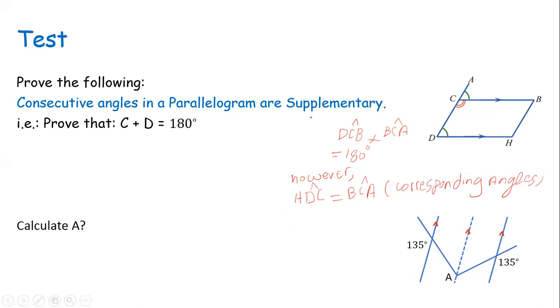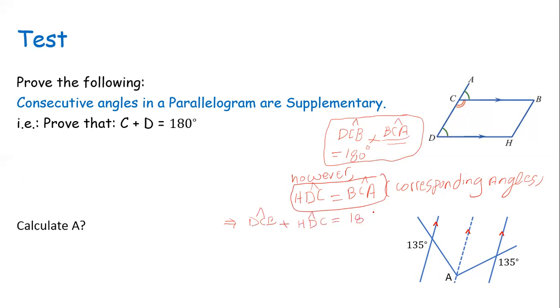From this and that, we replace BCA here. Since it's equal to HDC, we replace BCA here with HDC. So we conclude that from here, DCB plus HDC is equal to 180 degrees.